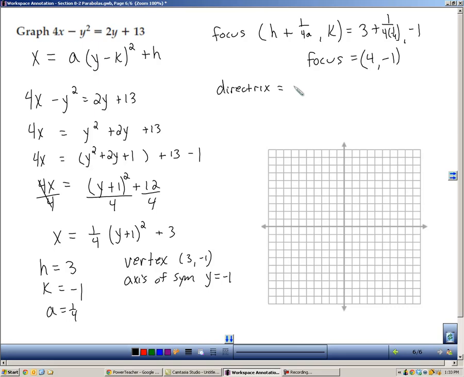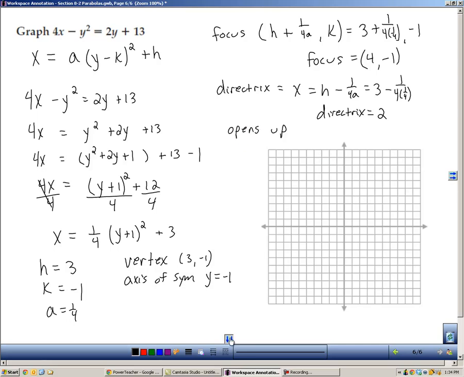Likewise, the directrix is the line x equals h minus 1 over 4a. So that's 3 minus 1 over 4 times 1/4. So that's a 1, 1 over 1 is 1, and 3 minus 1 is 2. So I know my directrix is x equals 2. We know because the a is positive, it's a 1/4, this parabola opens up.